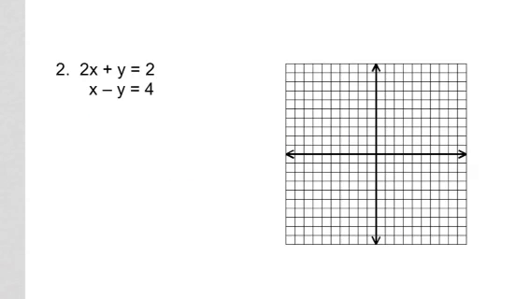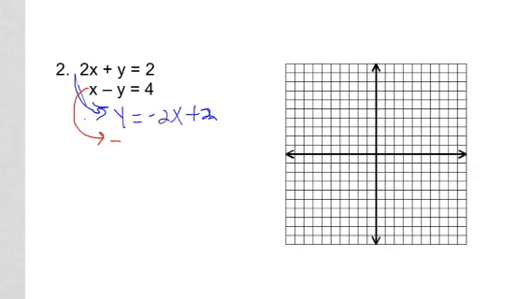Taking a look at number 2, let's deal with our equations as we put those in y equals mx plus b form. Our first one is going to be y equals negative 2x plus 2. And then our second one is going to take a little bit of work.